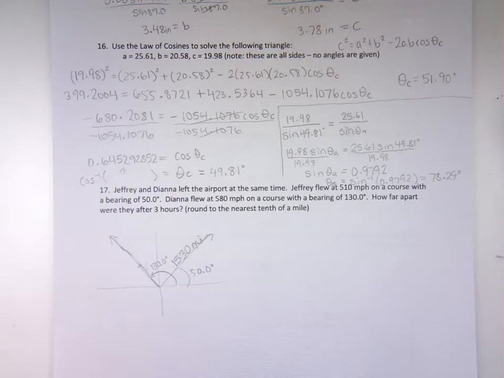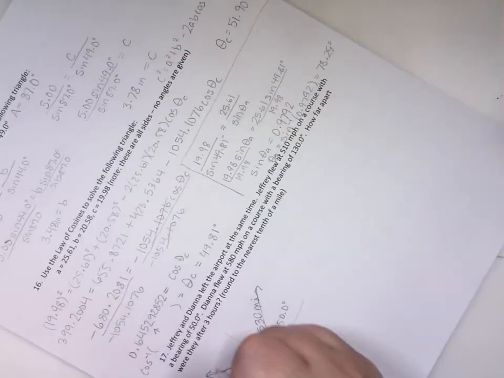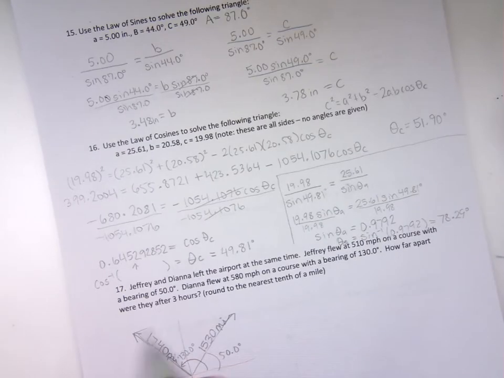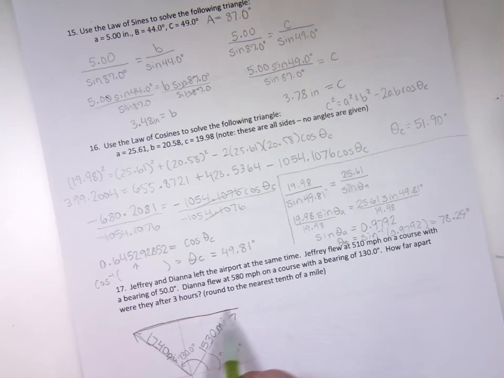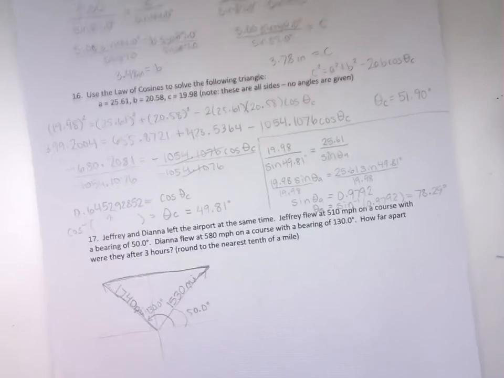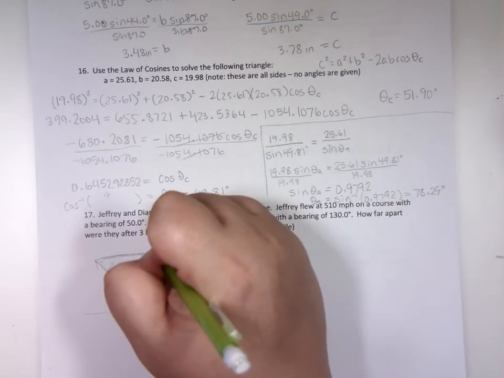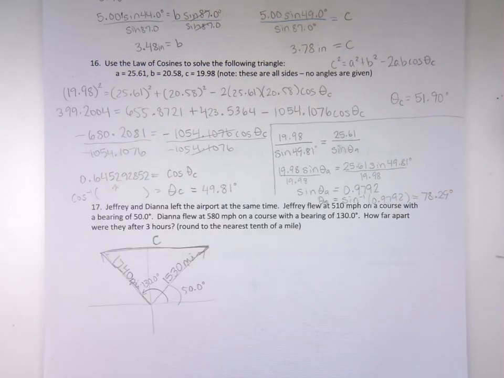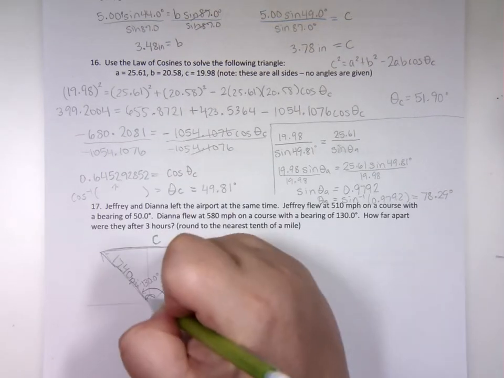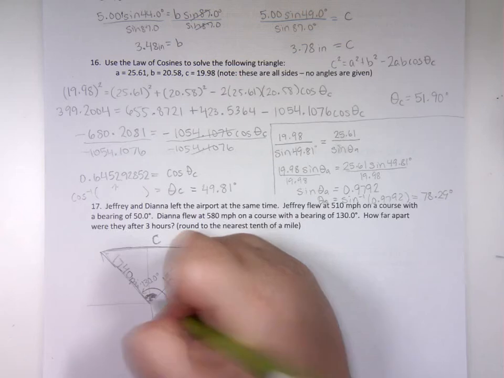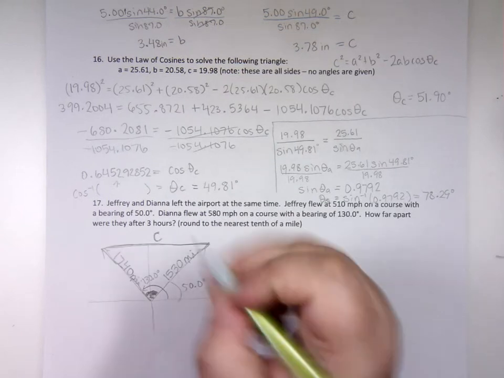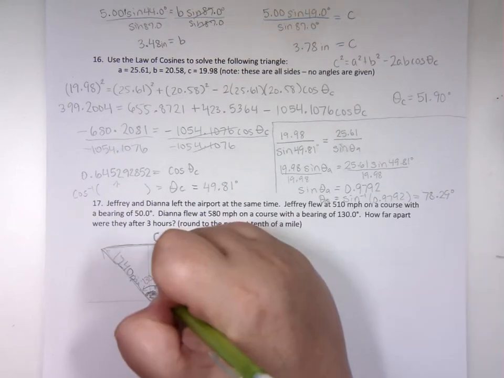And then Diana, 580 miles per hour times 3 hours is going to give us 1,740 miles. So we want to know what is the distance between them. So we're going to call this side C. We know that the angle between these two, this angle right here, is going to be 80 degrees.